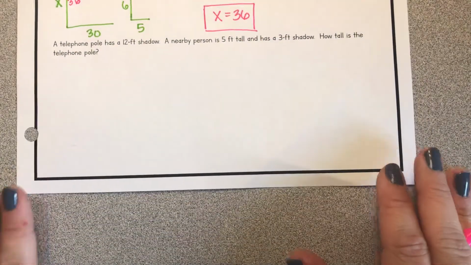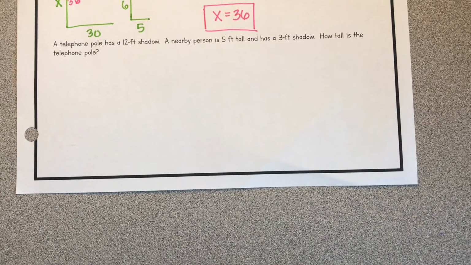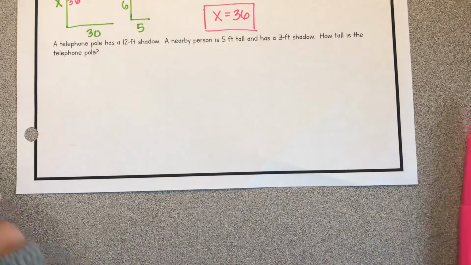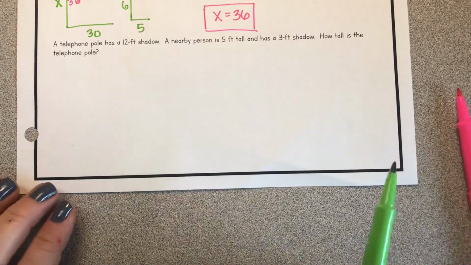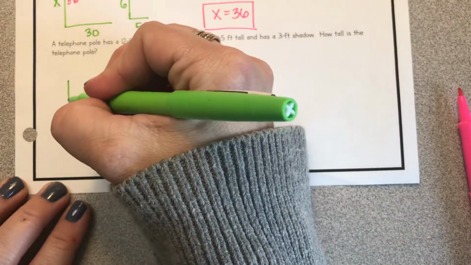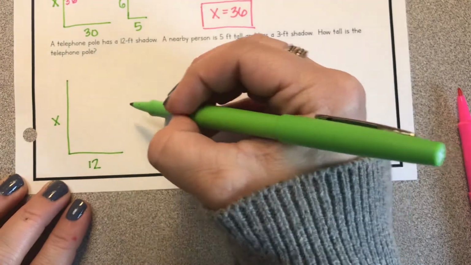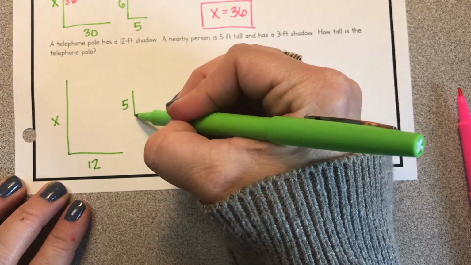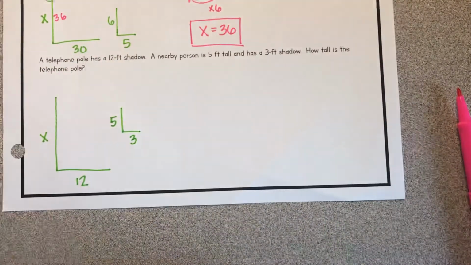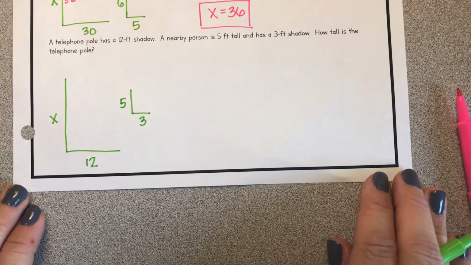And this last one. A telephone pole has a 12-foot shadow. A nearby person is 5 feet tall and has a 3-foot shadow. So here's our telephone pole. That's what's missing. It has a 12-foot shadow. Nearby, there's someone who's 5 feet tall. They have a 3-foot shadow. Let's set this proportion up.